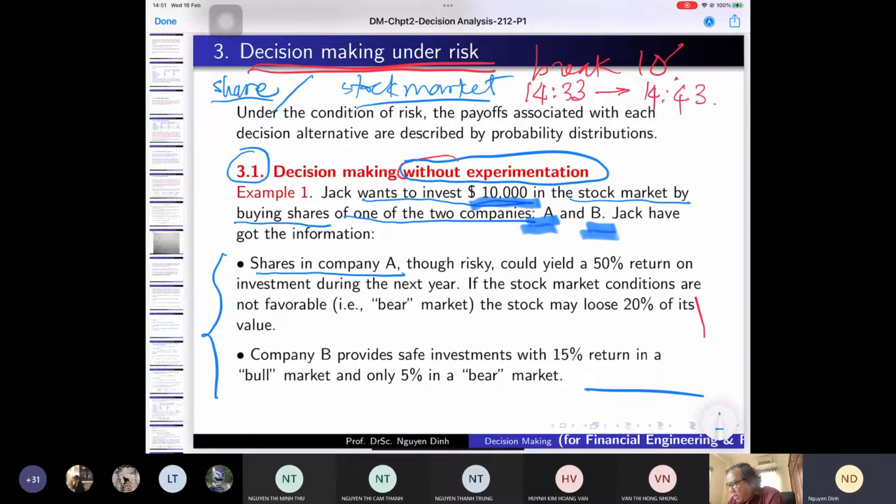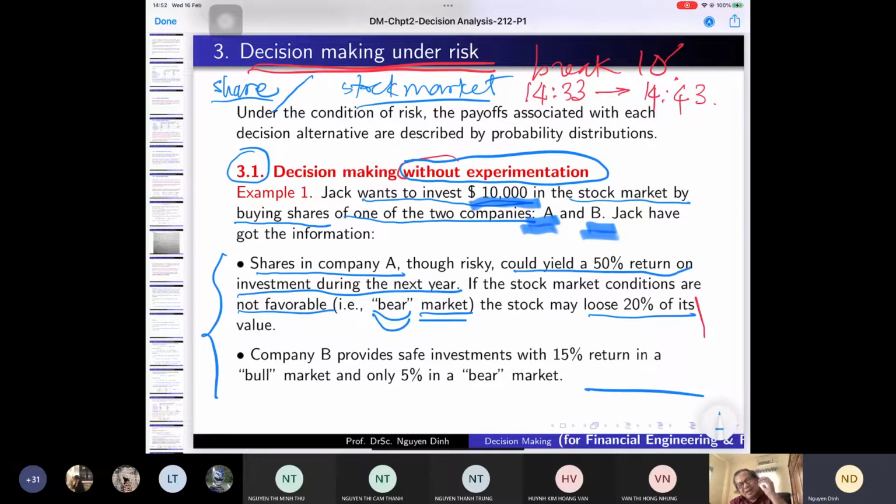Shares in company A, though risky, could yield 50% return on investment during the next year. If the stock market conditions are not favorable, or bear, the stock may lose 20% of its value. That means if the market is good, the return is very good, 50%.